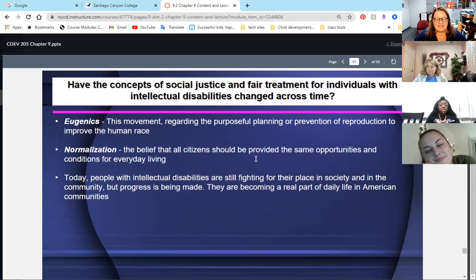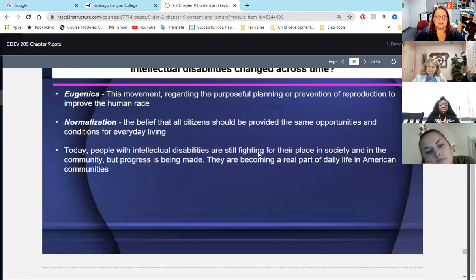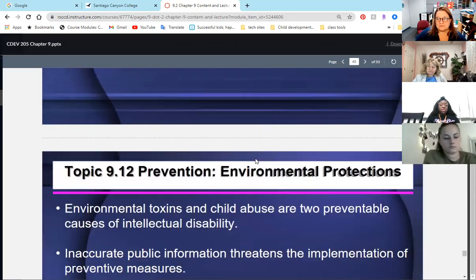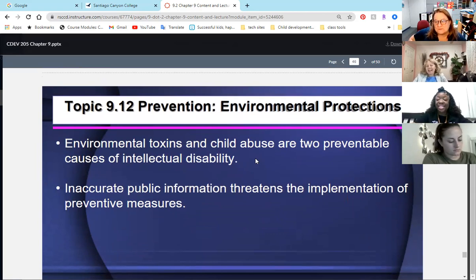And again, intellectual disabilities are everywhere. Normalization. It is normal. I remember when Peyton started going to that school for autism, the second day he was in the principal's office saying, all these people here are way more disabled than me. And I said, yeah, you're in the principal's office again.